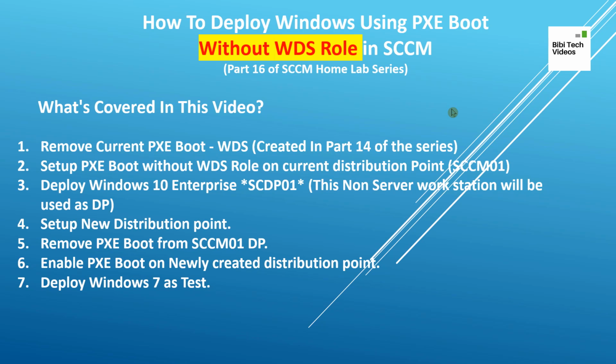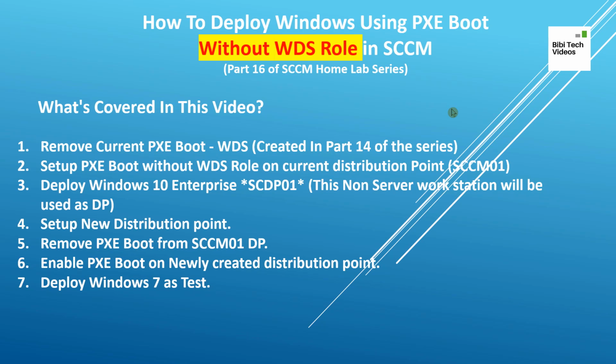Once that is removed, I'll set up the PXE boot on the same server without a WDS role. Because SCCM 01 is also a distribution point, I would set up the PXE boot on that without a WDS role.